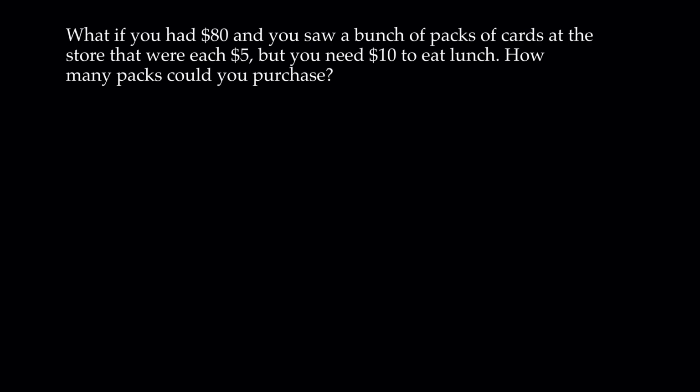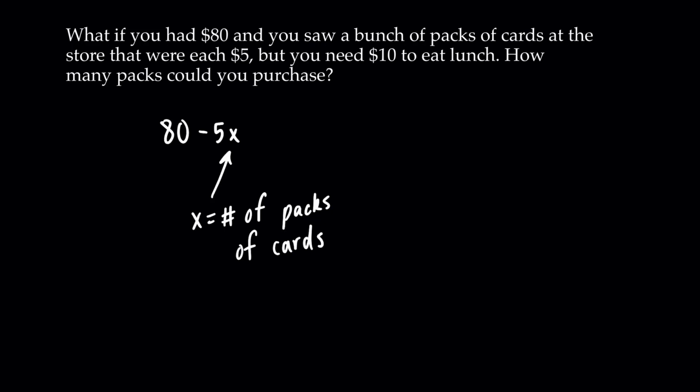So we're going to start with $80, and every time you spend $5, you're going to buy a pack of cards. I'm going to say you subtract 5x, where x is equal to the number of packs of cards. 80 minus 5x would be how much money you would have left.